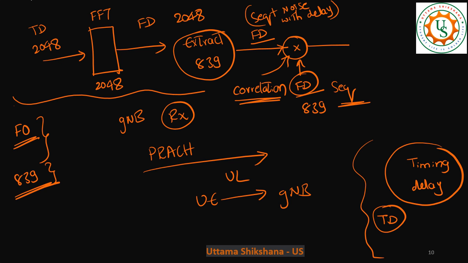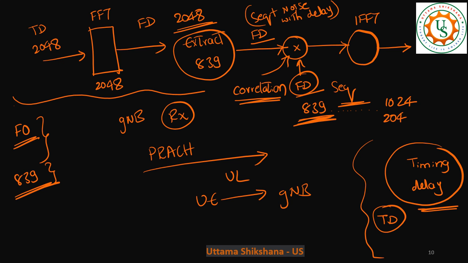And to convert back to the time domain, you have to perform an IFFT, because we want the timing delay in the time domain. Here we have the 839 sequence only, right? Out of 2048 we extracted 839, but you can do zero padding and perform a 1024 IFFT, that is one option, or you can go back to a 2048 IFFT.